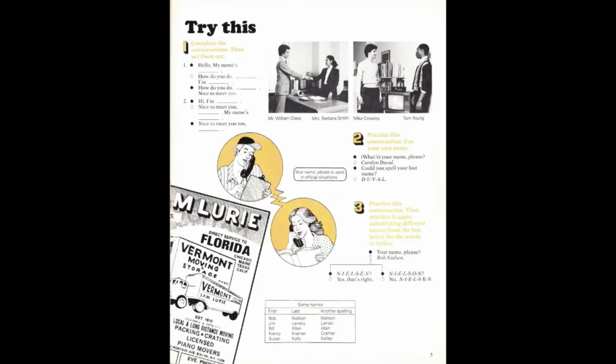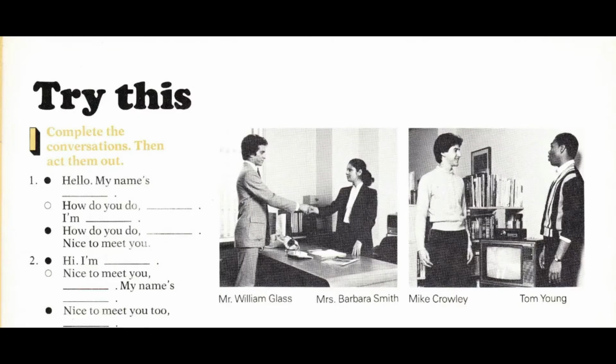Okay, folks, now in this part we can see some exercises in connection with what we have learned and heard up to now. So on the top you can see 2 pictures. There are 2 conversations.